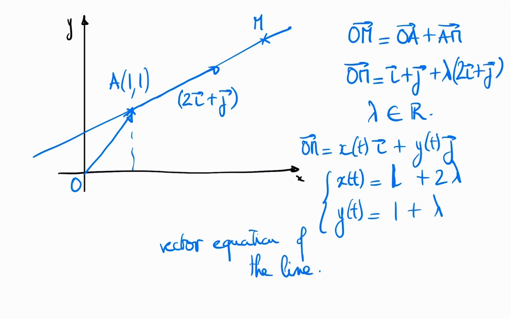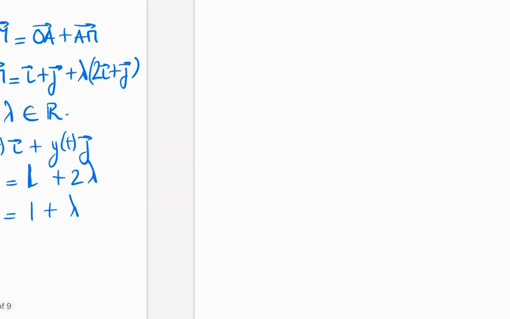Right, that's in 2D. In 3D, let's do an example in 3D. So, say we are given 2 points, P1, which has for coordinates 2, 1, 2, and P2, which has for coordinates -1, 3, and 3.